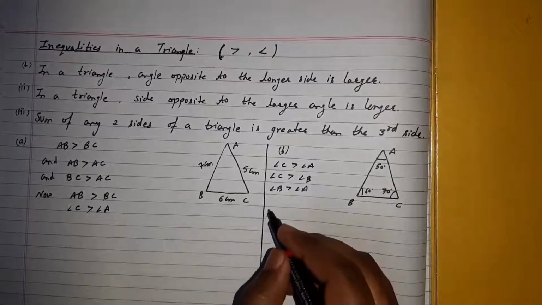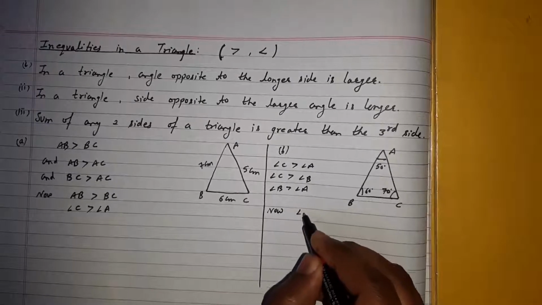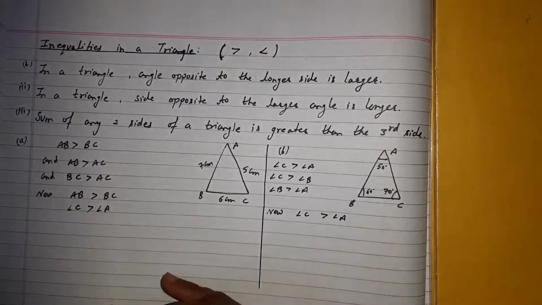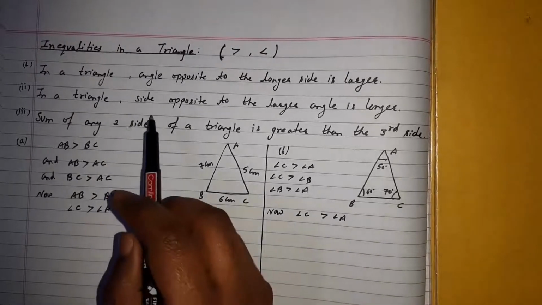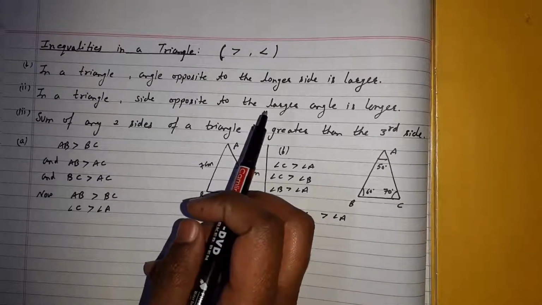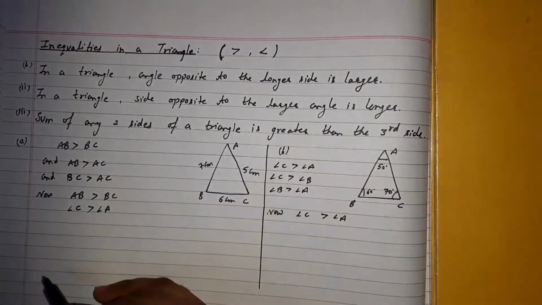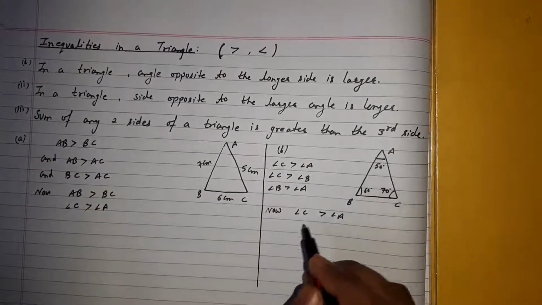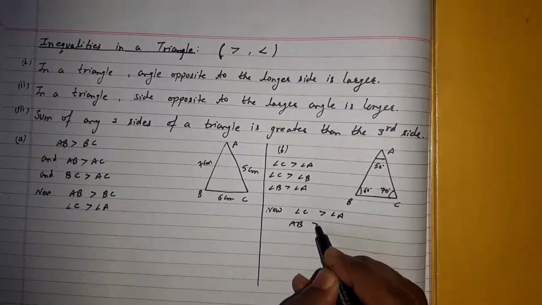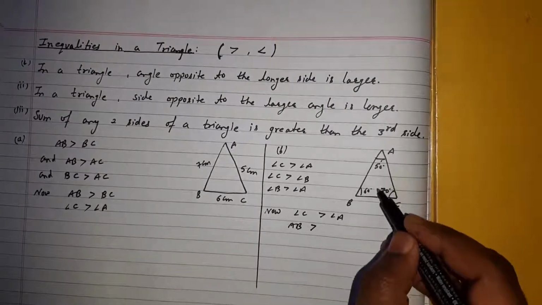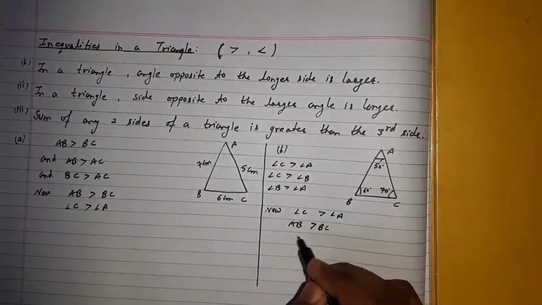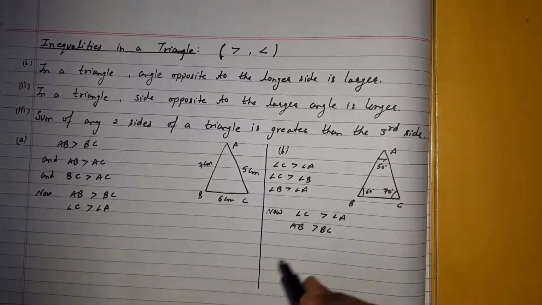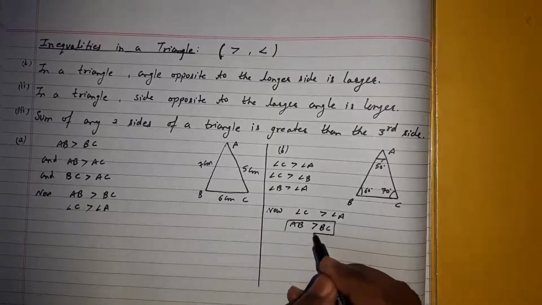Suppose I take the first one, angle C is greater than angle A. By using the theorem, the side opposite to the larger angle is longer. The side opposite to angle C is AB, the side opposite to angle A is BC, so we can say that AB is greater than BC. Similarly we can find the other ones.